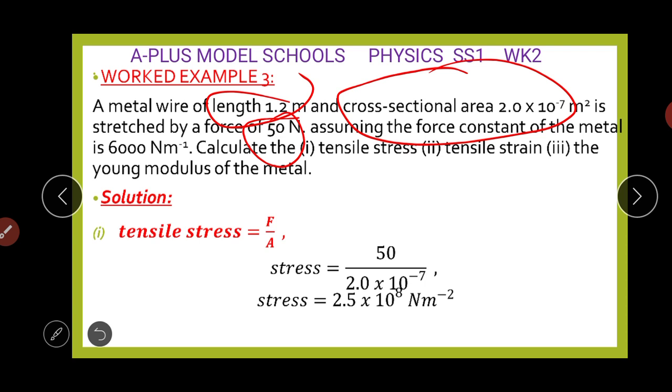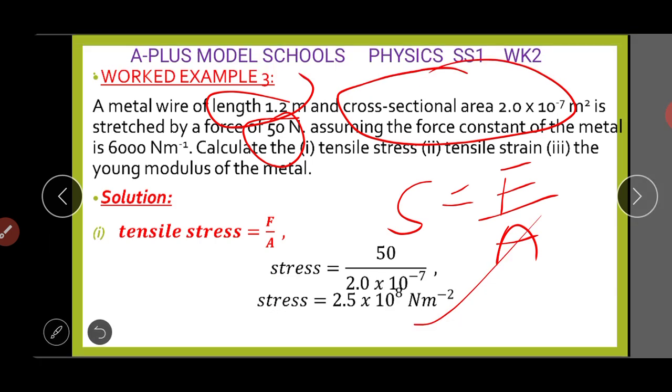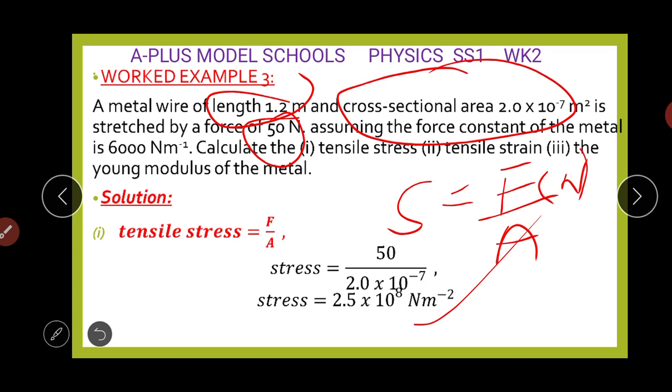Stress equals force over area, and the force is 50. Force is in Newton and area is meter squared, so the unit of stress is Newton per meter squared, or Newton meter to the power minus 2.